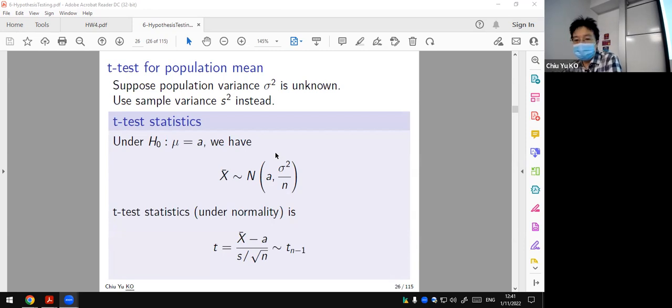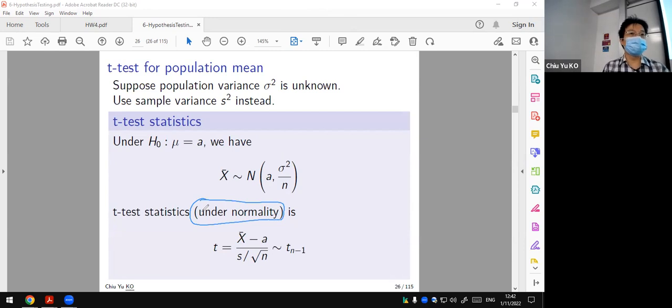That means you have to use S square. And in that case, we use T. Do note that a very important assumption here is normality, and that is different from the case before.